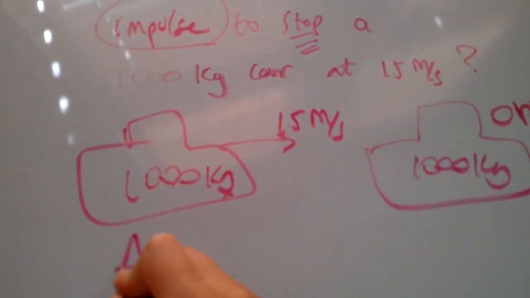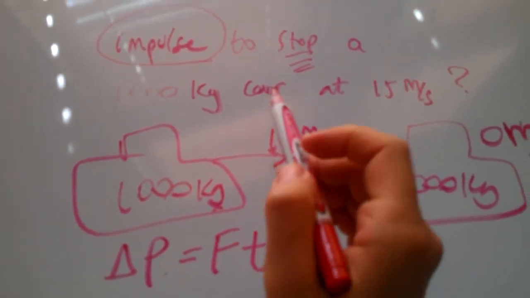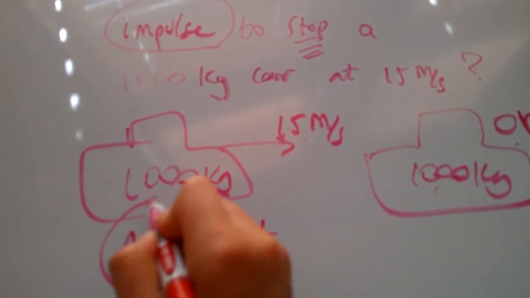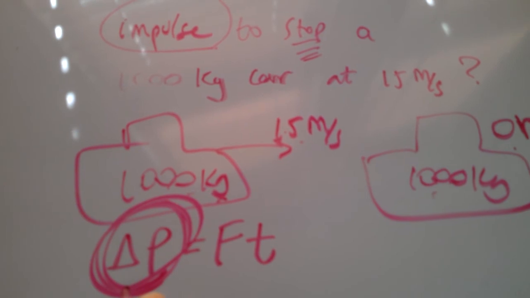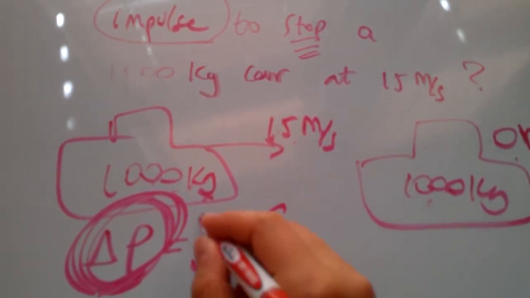So impulse is delta P. It's also Ft. So here I have mass and velocity, so I better figure out the impulse using delta P. I don't have force or anything like that.